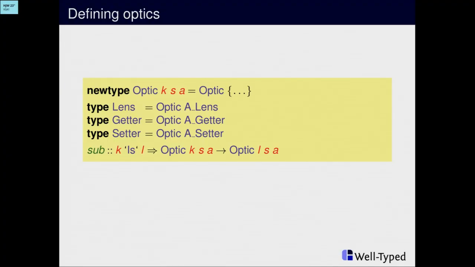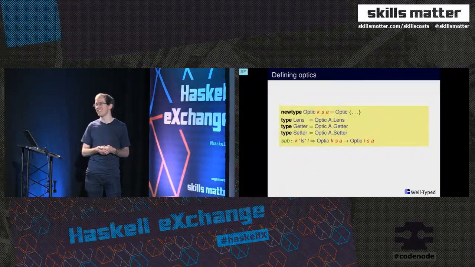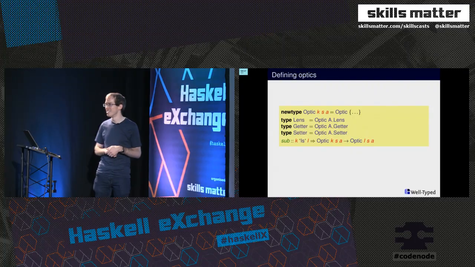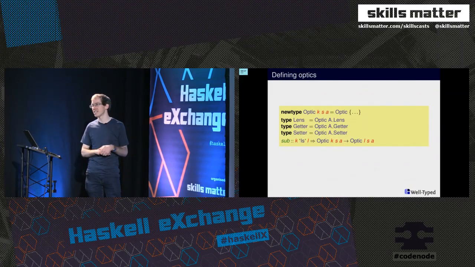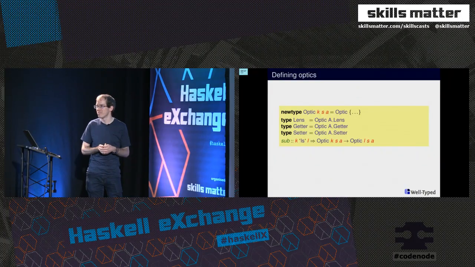They're going to see this optic type and the fact that it's tagged in different ways, but not how optic under the hood is implemented. And again, I'm hammering that home by not saying for the moment how the optic newtype is implemented, just that it carries some payload which is going to be a representation of either a lens or a getter or a setter or whatever other optic flavor we're working with.